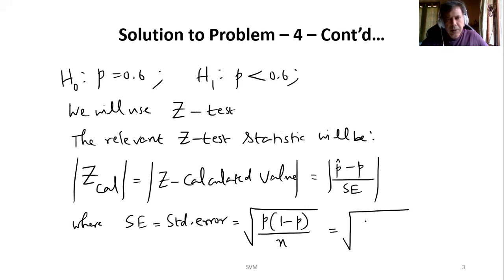So what is P? P is 0.6. 1 minus P will be 1 minus 0.6, which will be 0.4. N is what? N is 60.